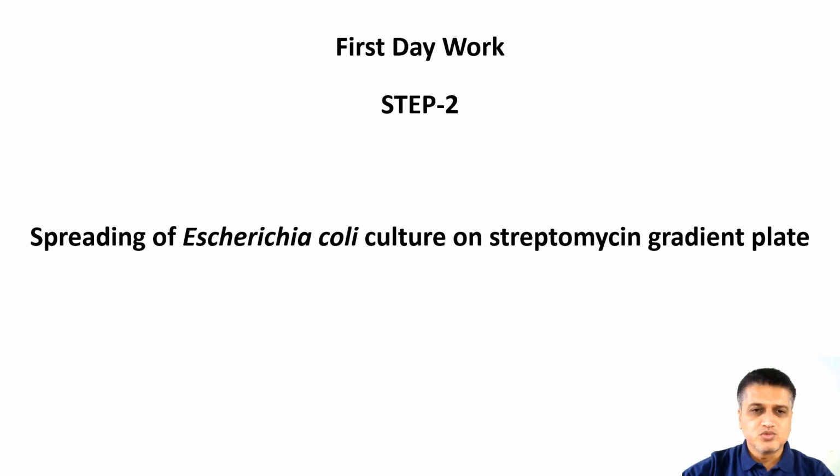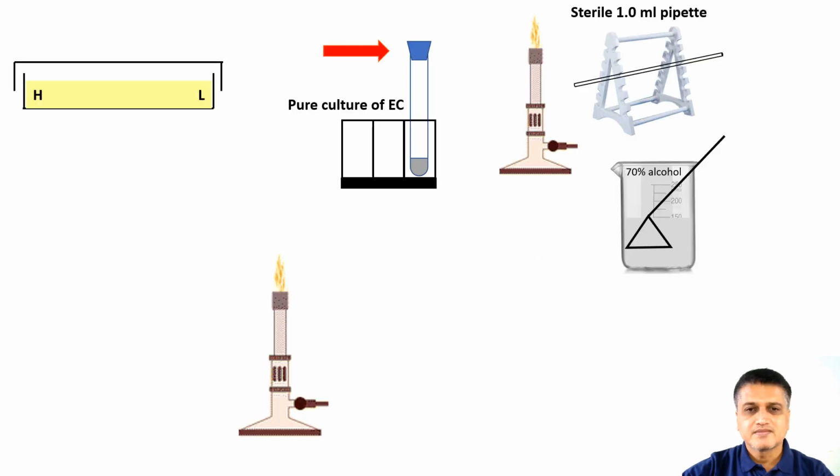In step 2, we have to spread actively growing Escherichia coli culture on streptomycin gradient plate. First, open the tube of pure culture of E. coli.